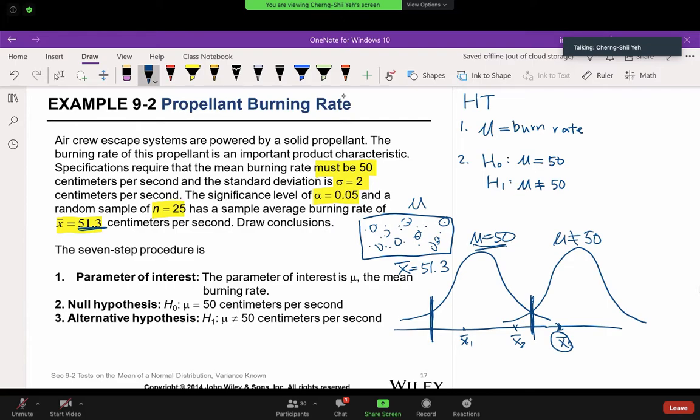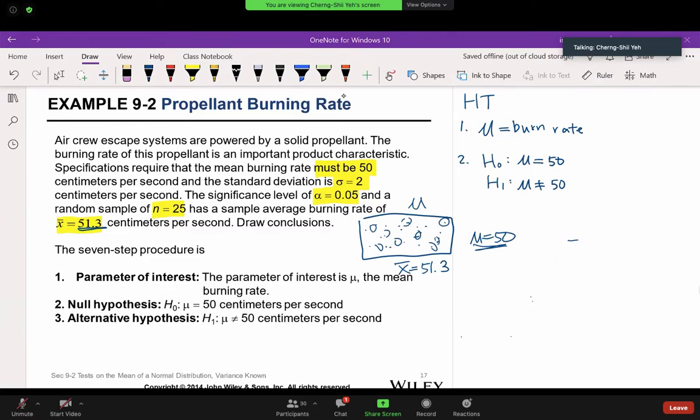Population average is the big picture. Sample average is only a part of the population. All right, so we cannot simply pick 25 samples and draw a conclusion from there. Okay, we have to consider the variability of collecting samples and biases. All right, so just want to put it out there.